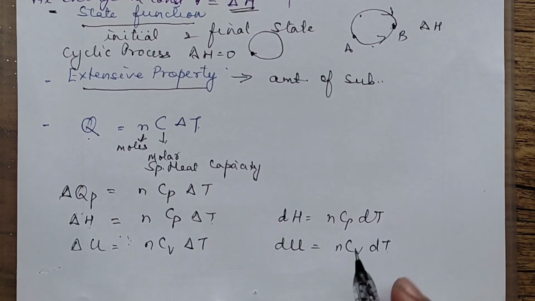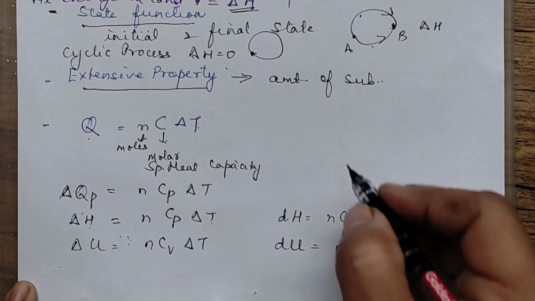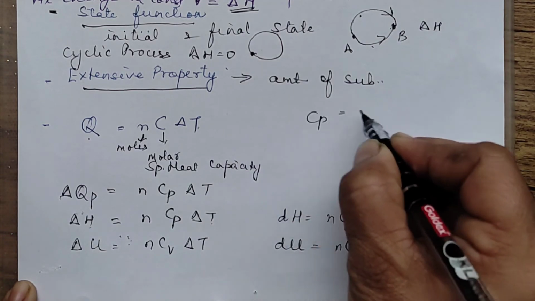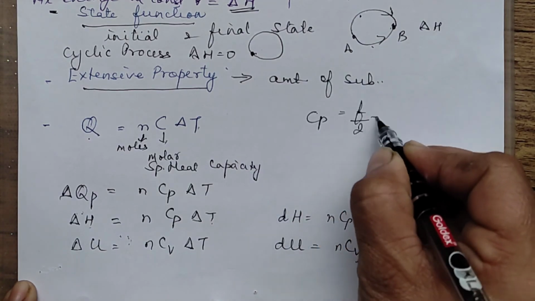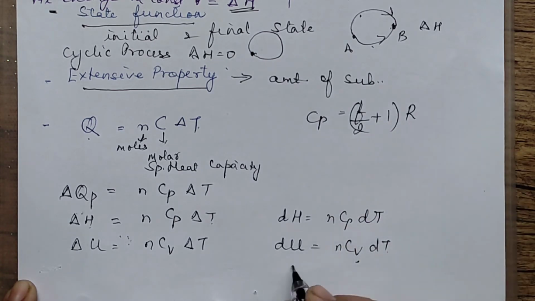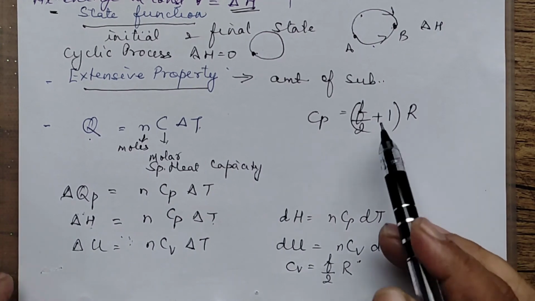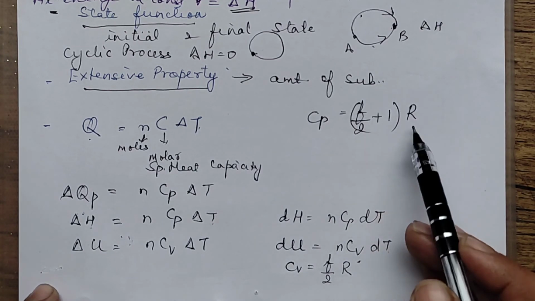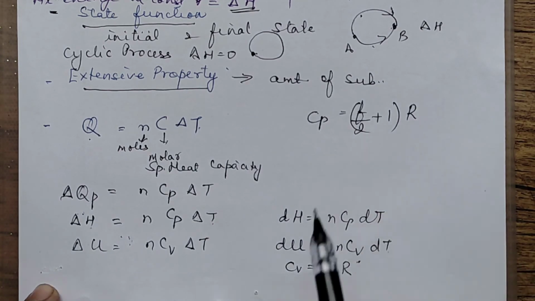We can calculate C_P like we wrote C_V. C_V was f divided by 2 into R. We can write C_P as (f/2 + 1) into R. The C_V value was written in the previous video, please check there. Here f is the degrees of freedom and R is the universal gas constant.